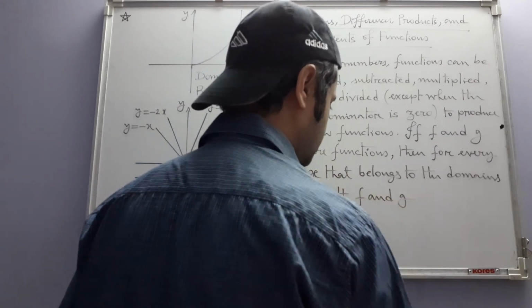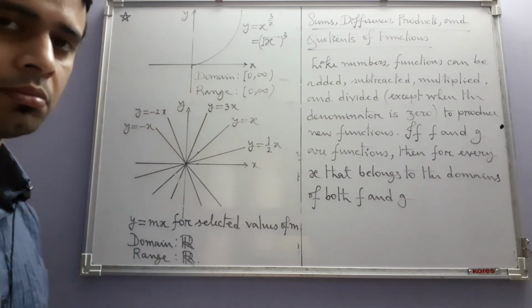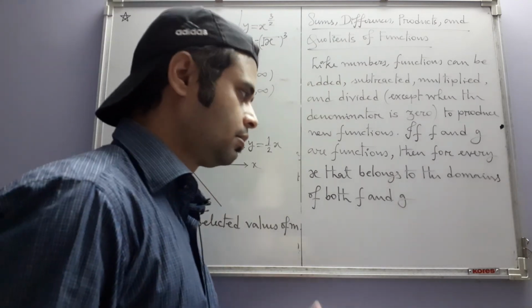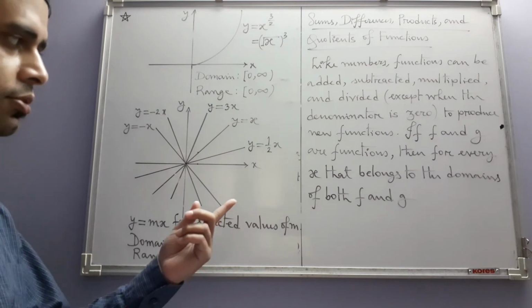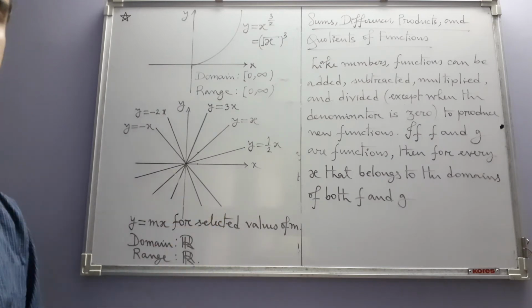Say their domains have a common point, or they have a non-empty intersection, from where we are choosing one common input x.